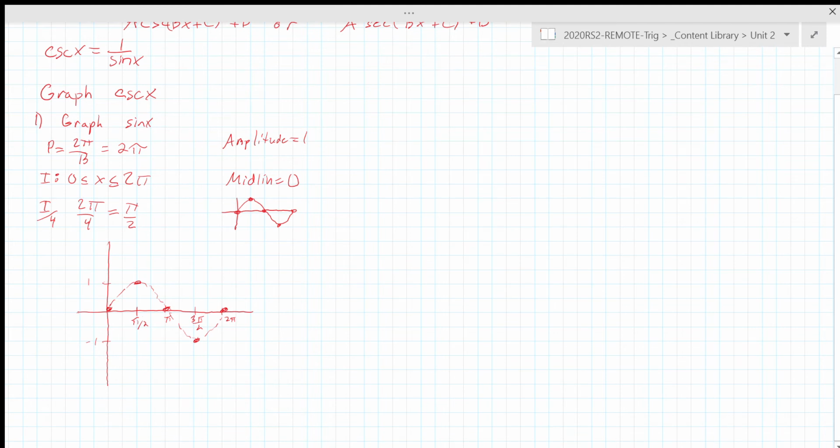Now we can start graphing cosecant. What we want is dotted lines where the graph intersects the midline.